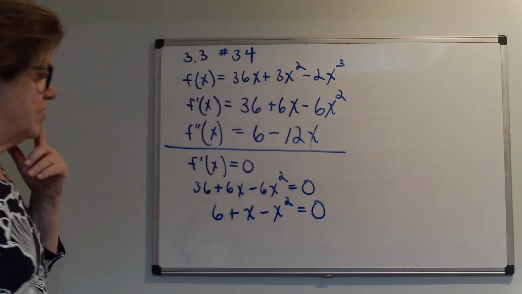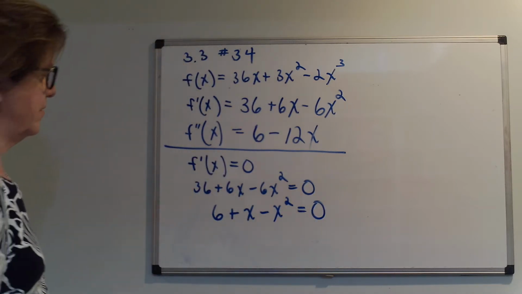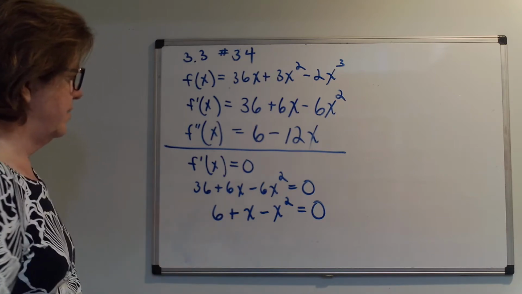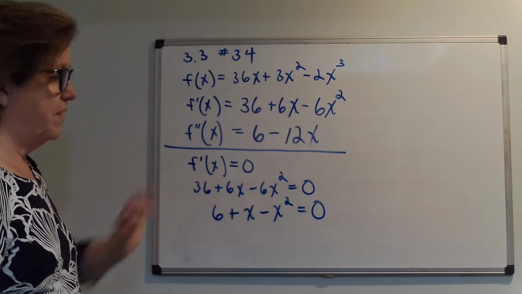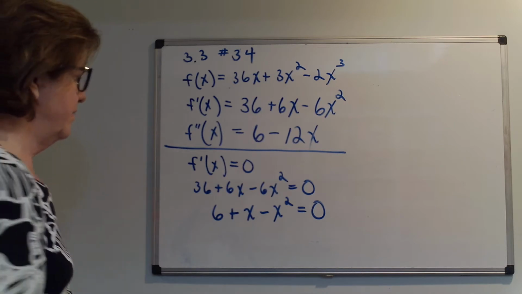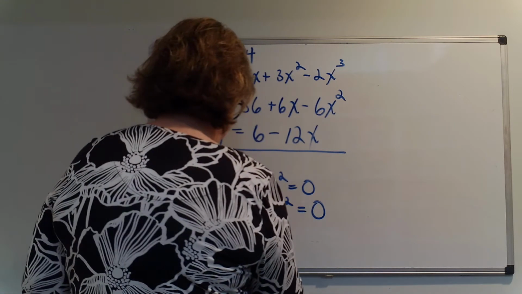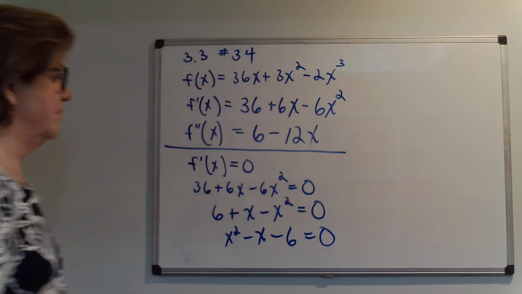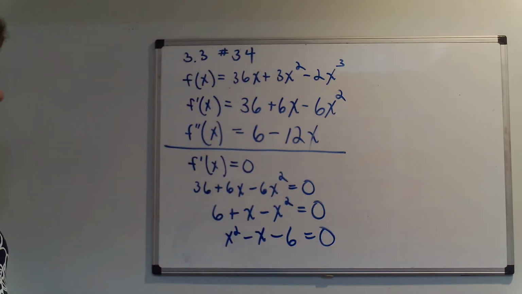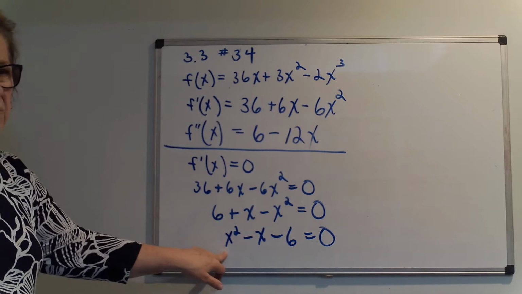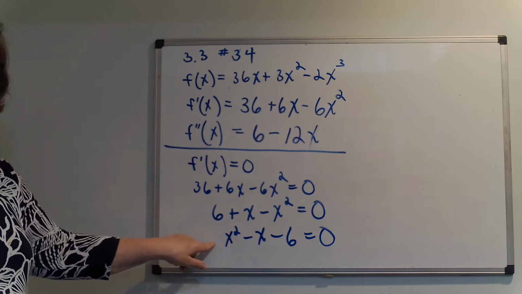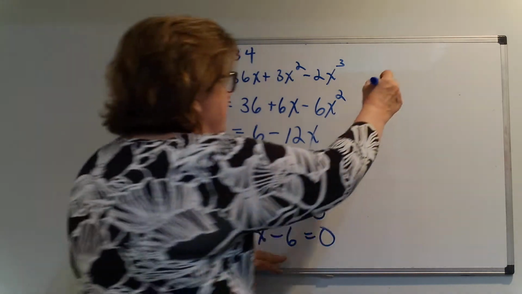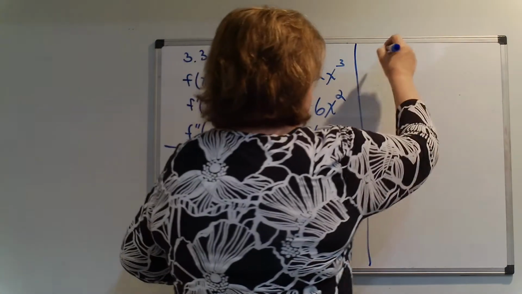Now we've got to figure out what we can do with this. We could multiply both sides by -1. Maybe that's a little better. Most people don't like dealing with a negative in front of the x squared, so let's do it that way. Now I'm going to go back up here and factor this.